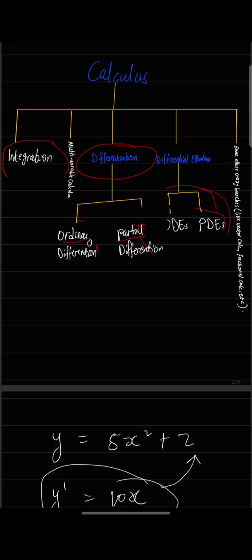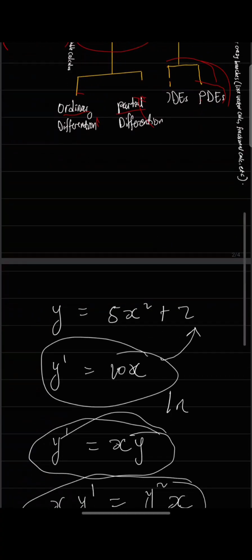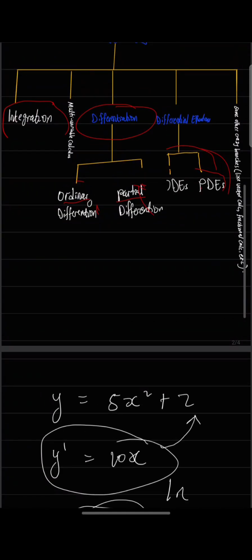So that's the whole deal. PDEs came about because we had a desire to reverse partial differentiations, and ODEs came about because we had a desire to reverse ordinary differentiations.